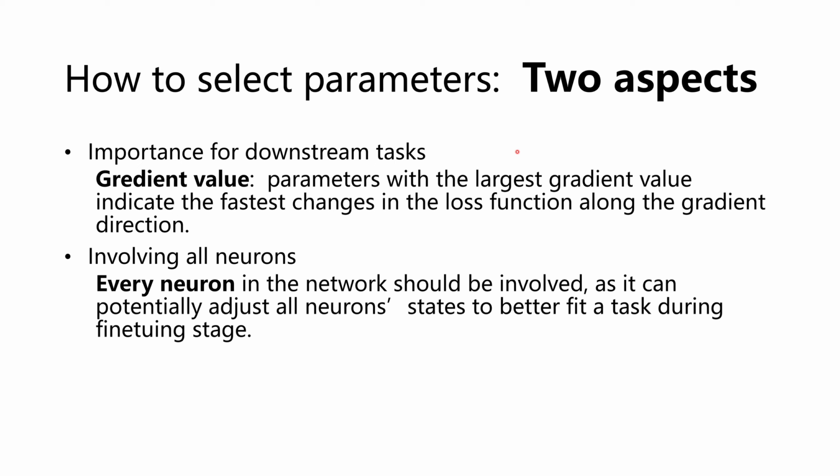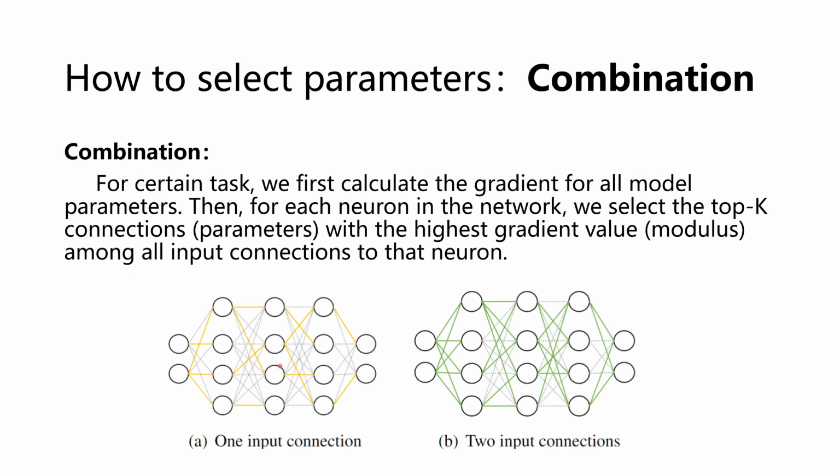And the second one is that we think every neuron in a network should be involved, because it can potentially adjust all the neuron states to better fit a task during the fine-tuning stage. So we combine these two aspects.